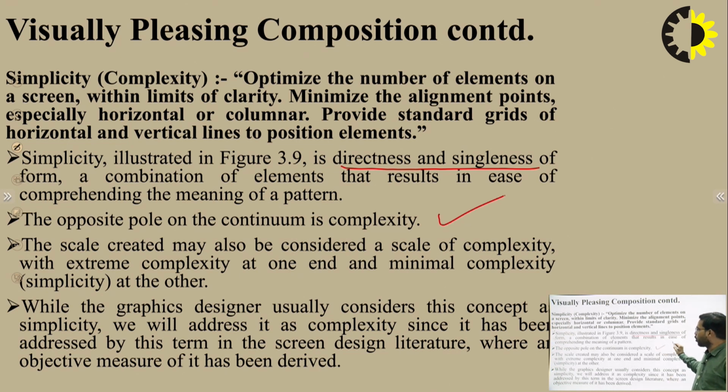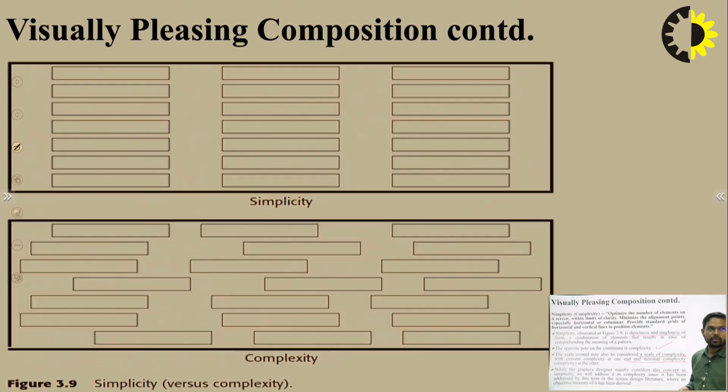The opposite pole of the continuum is complexity. The scale created may also be considered as a scale of complexity, with extreme complexity at one end and minimum complexity, just like simplicity, at the other end. While the graphic designer usually considers this concept as simplicity, we will address it as complexity since it has been addressed by that term in the screen design literature, where an objective measure has been derived.